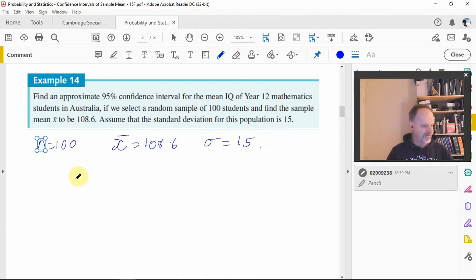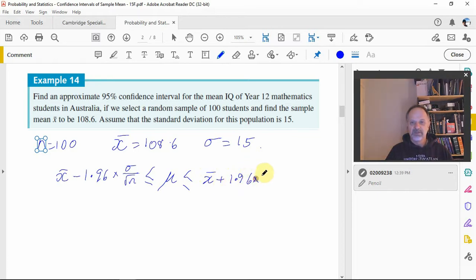So our 95% confidence interval is the one we did before: X bar minus 1.96 times the standard deviation on root n. And so our population mean is in between that and sample mean plus 1.96 times standard deviation on root n.